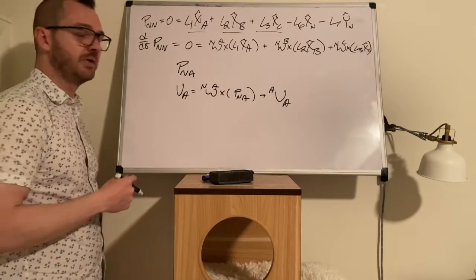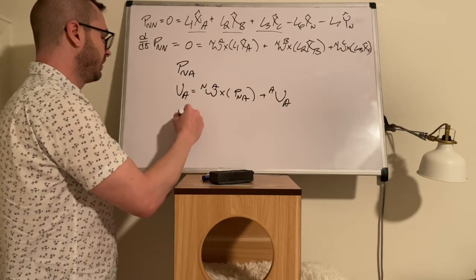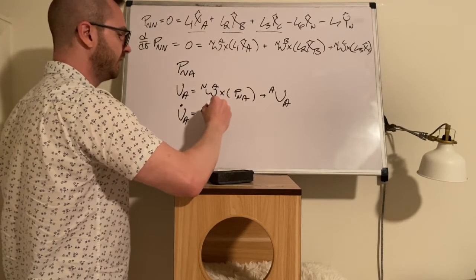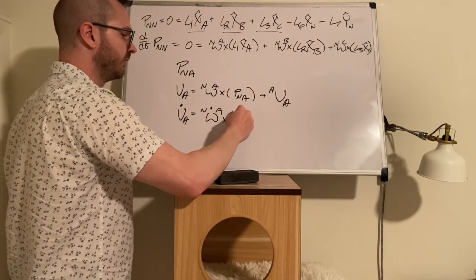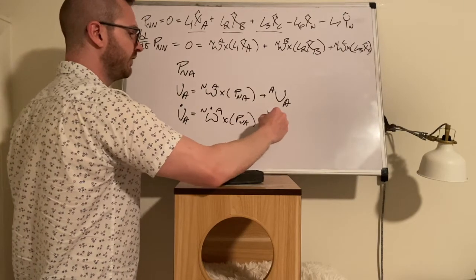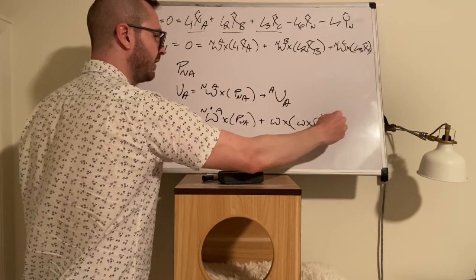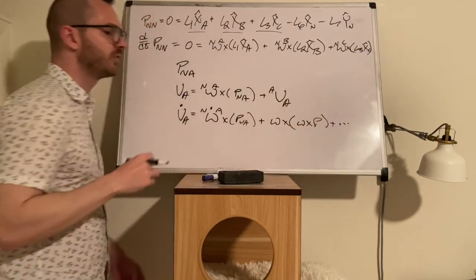You can actually take the derivative of it in this form, and you're going to get some things that look like this. You're going to get omega dot cross a position vector, and you're going to get omega cross the position vector. And there's some more things there too. And we'll talk about it when we get to the acceleration level.